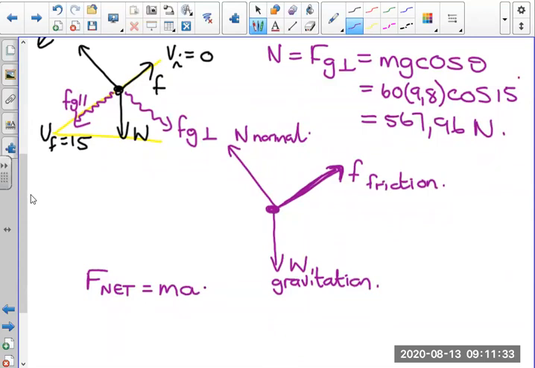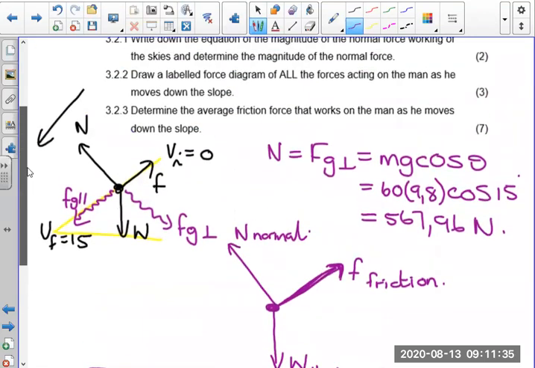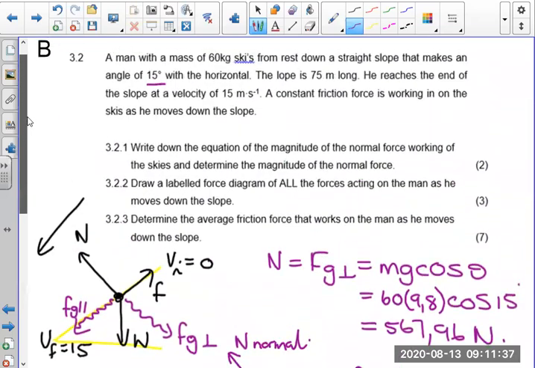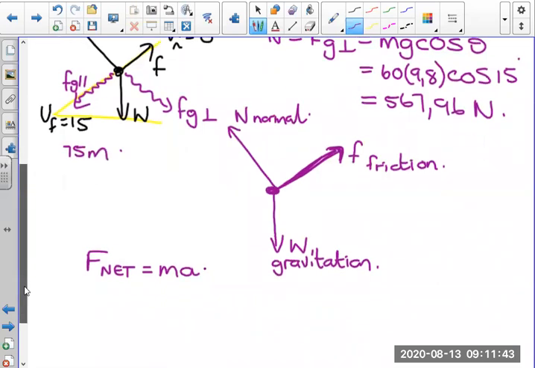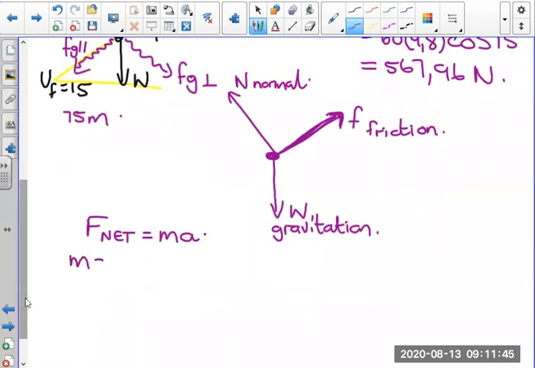And we have the distance that he is going. The slope is 75 meters long. So we actually have the acceleration. So I'm first going to write it. We have the mass. We can work out the acceleration with the information given to us. Then we're going to say equal to.